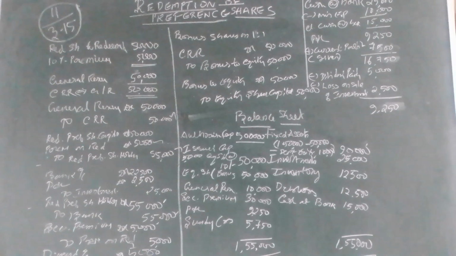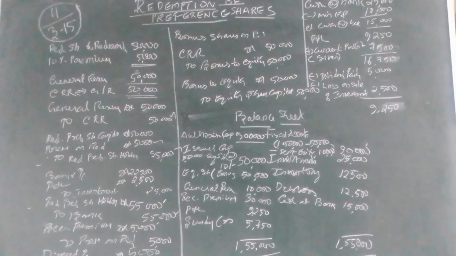Then another one is for investments. The amount of investment given in the question is 50,000, and it is given that a portion of the investment is sold off to meet the cash requirements of redemption, so as to leave a minimum balance of 15,000 after such a redemption.